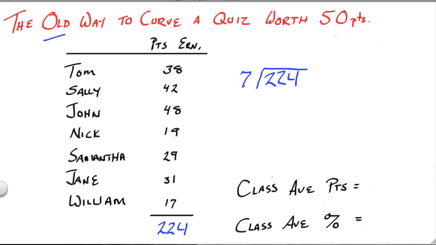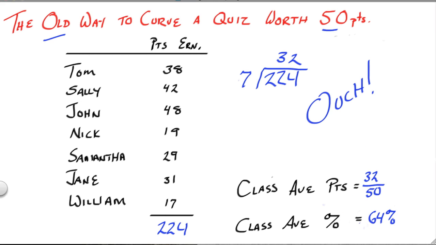Once we divide, we get 32. So our class average in points is 32 over 50. That gives us a class average of 64%.